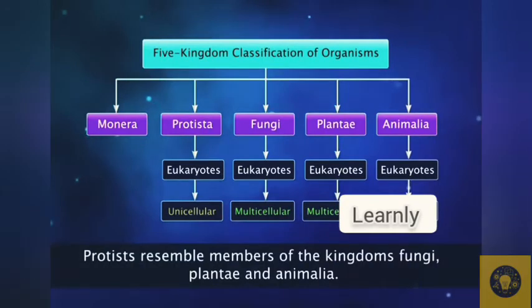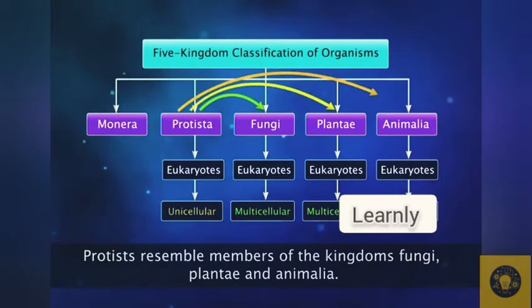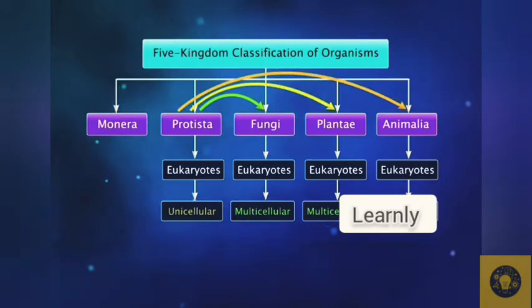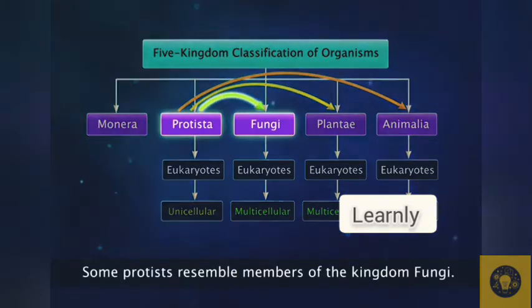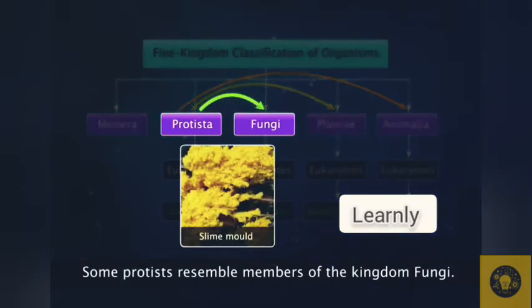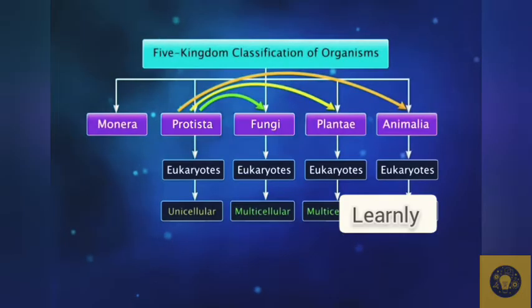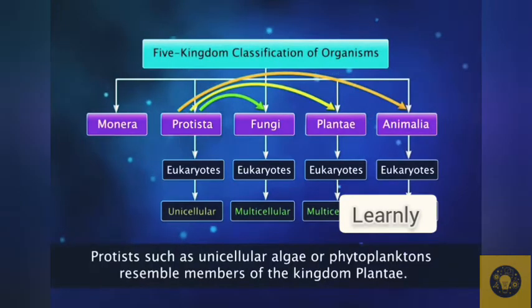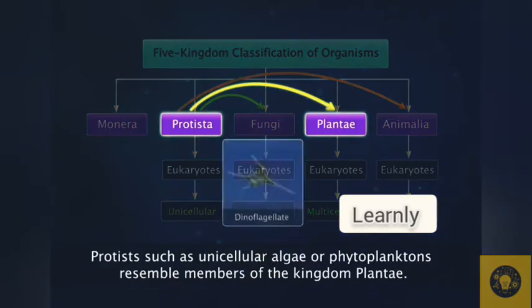However, organisms belonging to kingdom Protista show some resemblance to each of the higher living groups. Protists such as slime mold resemble members of the kingdom fungi. Unicellular algae resemble members of the kingdom Plantae.